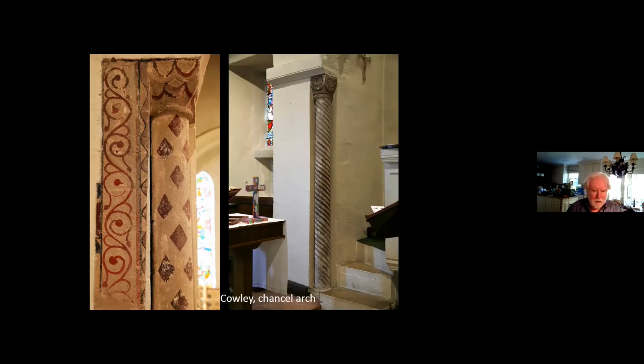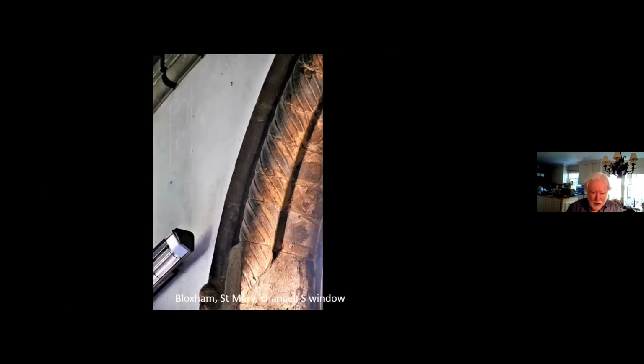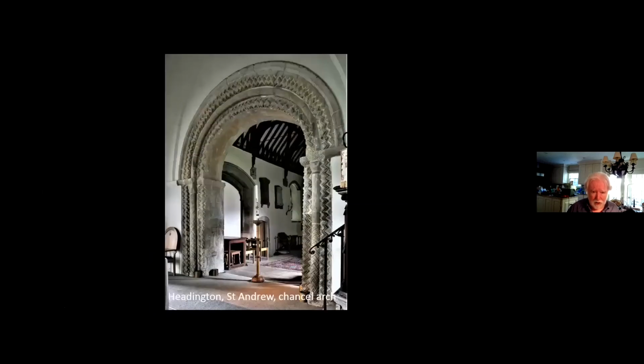original 12th century decoration. A little further north, Bloxham, and not quite so well preserved, but you can see, I think, quite clearly there that the same principle is being applied to the roll moulding in the chancel arch there. And I will end up with something where I haven't found paint, but I thought again it was very interesting in relation to St. Mary's to pop up to Headington.